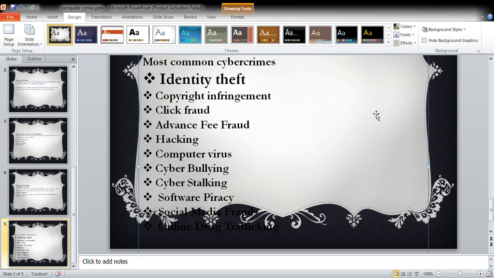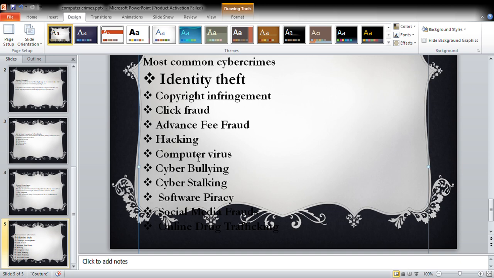So here are the most common cyber crimes. They are just listed. Because I have told you they are in two categories, you will classify them by yourself: those that are done using computers, and those that are targeting computers. We have identity theft, copyright infringement, click fraud, advance fee fraud, hacking, and computer viruses.